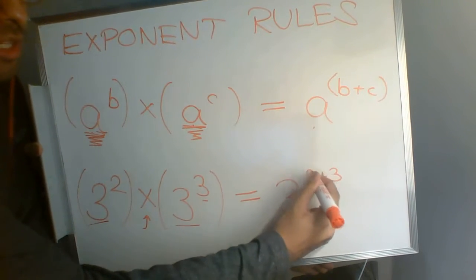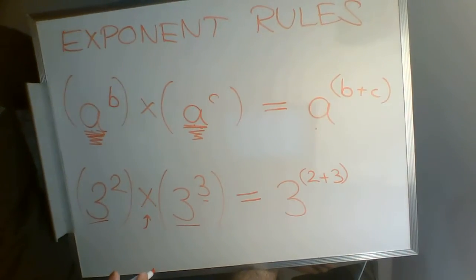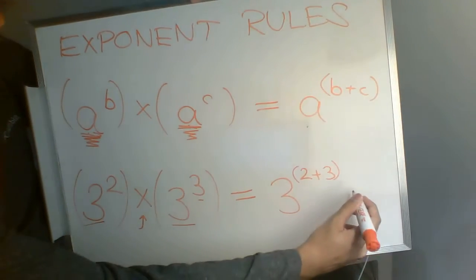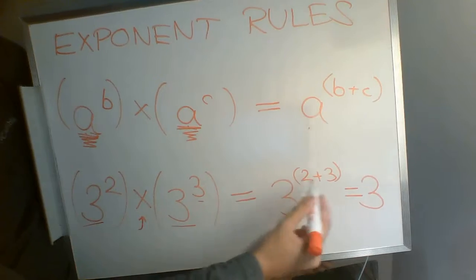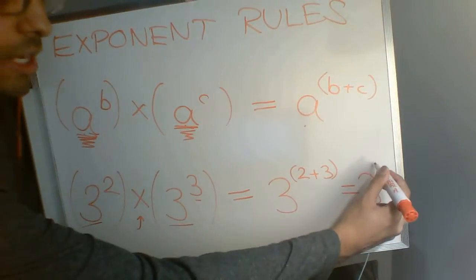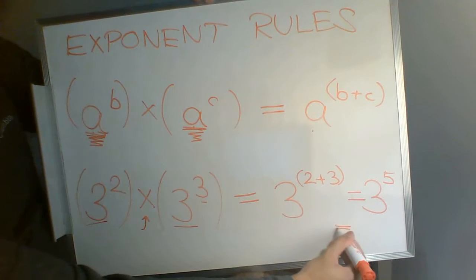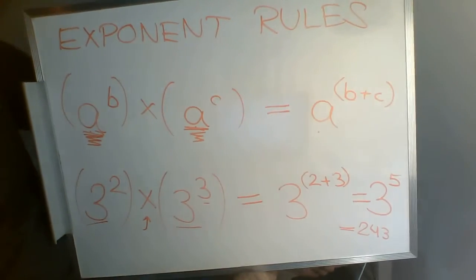So I add those together, and that's a shortcut for me to get to my answer. If I simplify that, my base is still 3, and 2 plus 3 in my exponent is going to be 5. And we already calculated that a little while ago. That's going to give us 243, if I'm not mistaken.